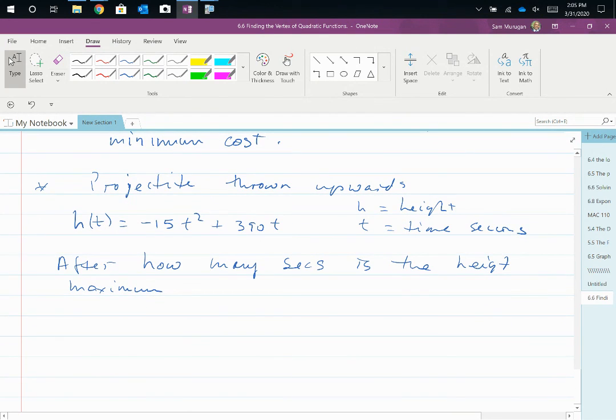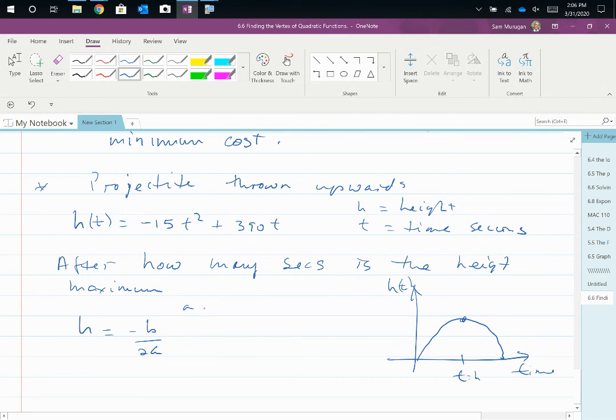So that time is simply the h value of the vertex. Okay, because this is our h(t), height, time in seconds, and that graph does this. And we're trying to find that time where it's at the maximum height. We call it time is equal to lowercase h here. So a is equal to negative 15, b is equal to positive 390.